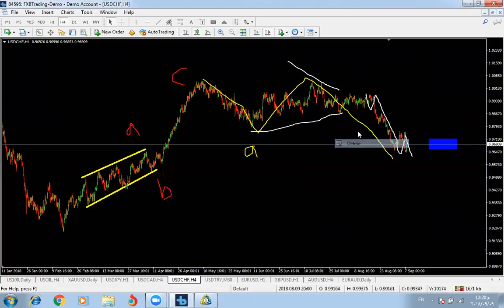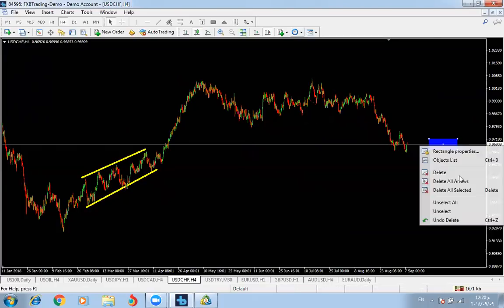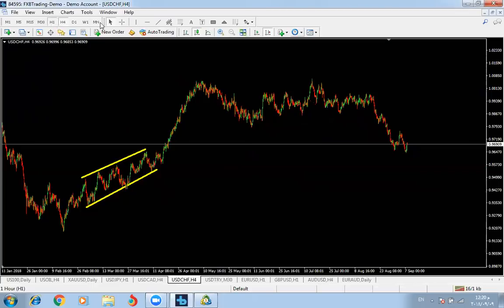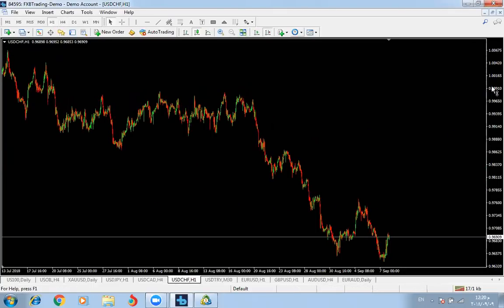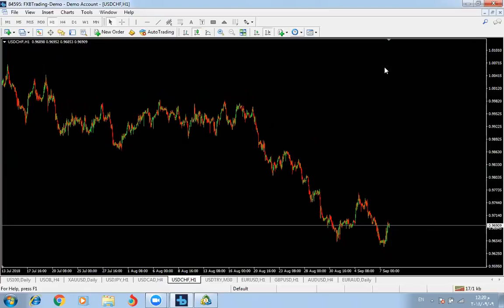So what is the next move? Let's go to a lower time frame and make things more clear. As shown, there are the 5 waves.